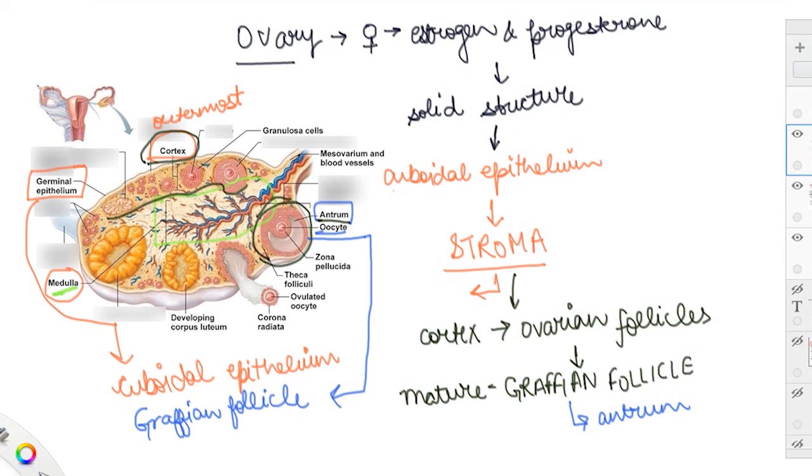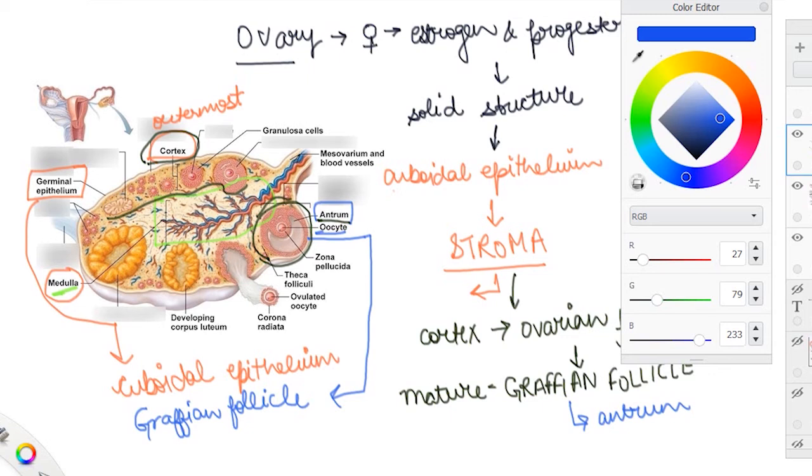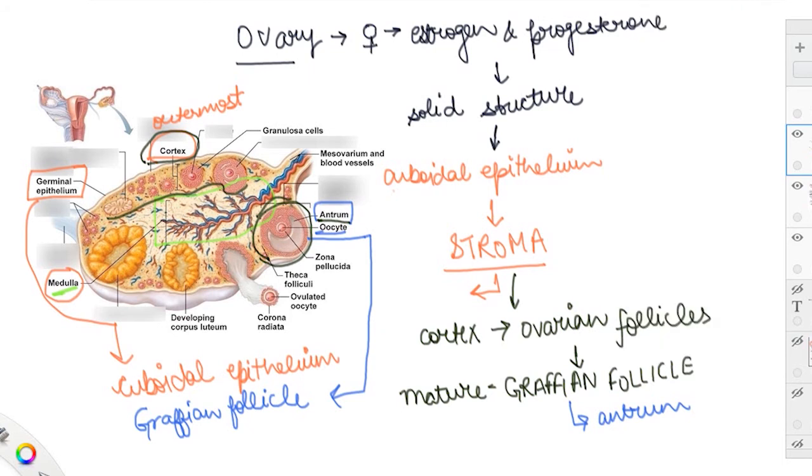Now this oocyte is at the secondary stage, and when this oocyte is released, what will you call that phenomenon? Very simple and easy to remember, it is called ovulation. Now you must remember what ovulation actually is. Let me write it down: the release of the oocyte from the Graafian follicle.